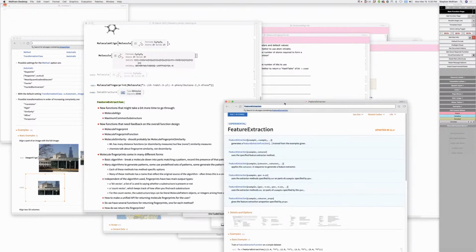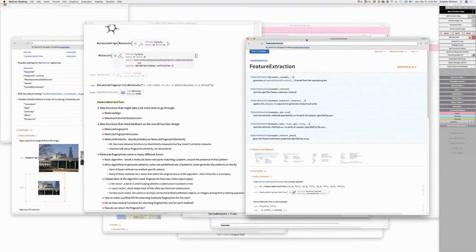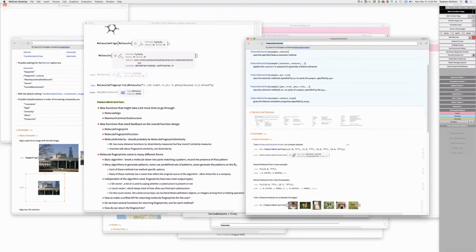Okay, let's talk about how feature extraction works. Right, so feature extraction, I mean, there's a lot of subtlety here because the main issue with feature extraction is we were very worried about what if the algorithm for feature extraction changes in the future. Do you see what I'm saying? Yes.